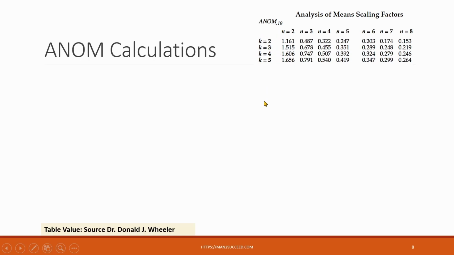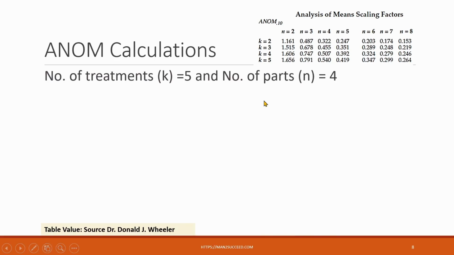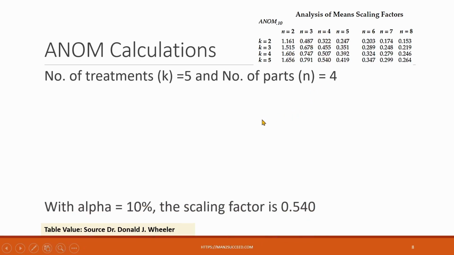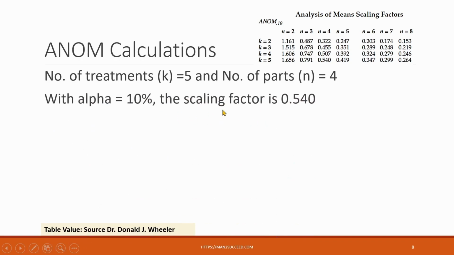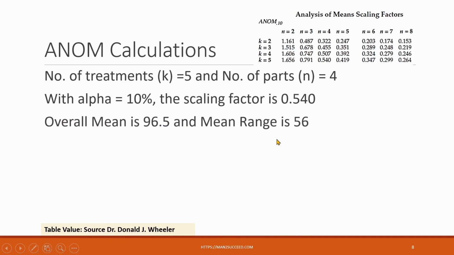This is for the number of treatments 2, 3, 4, 5, and in our case it is 5, and the number of parts we have taken is 4. So for k equal to 5, n equal to 4, the value is 0.540. So with alpha of 10%, the scaling factor is 0.540. This value we will use in the calculation of the ANOM value.